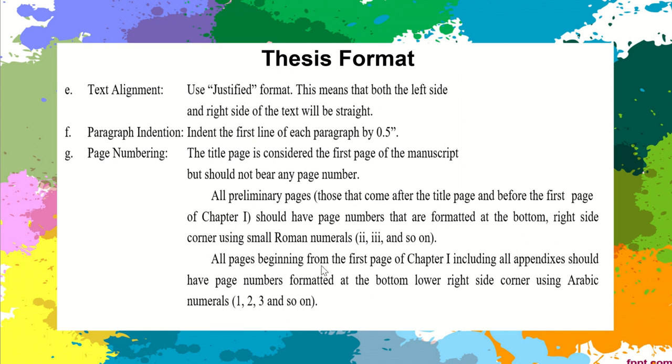And then all pages beginning from the first page of chapter 1, including all appendices, should have page numbers formatted at the bottom lower right corner using Arabic numerals. So the preliminary pages use Roman numerals, and then the chapters of your research use Arabic numerals.